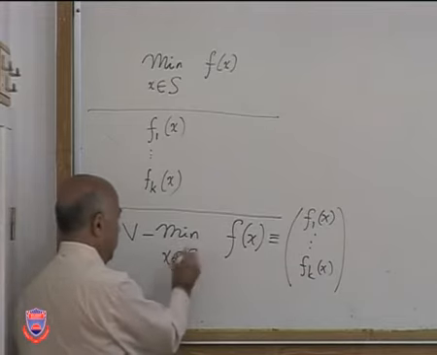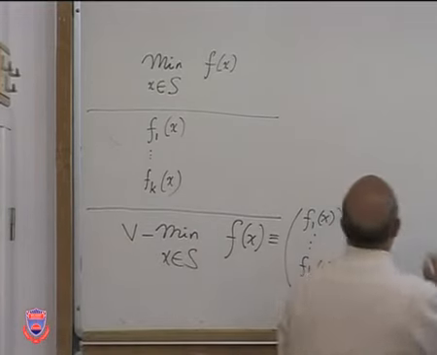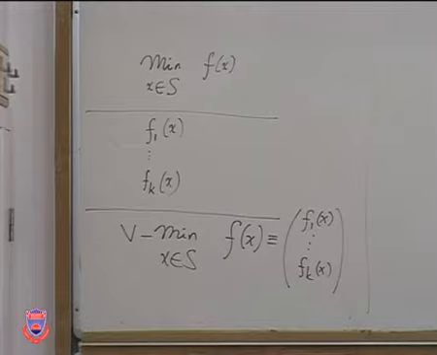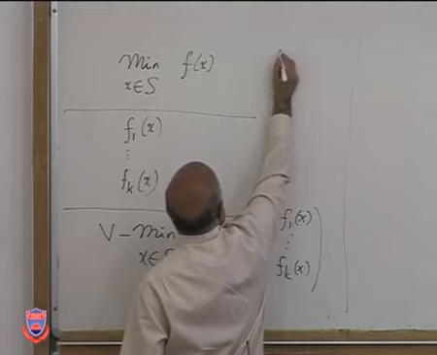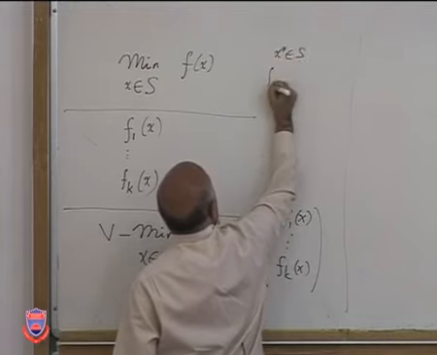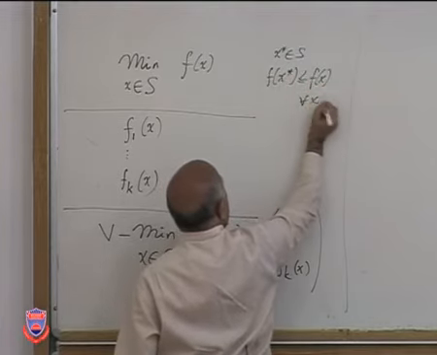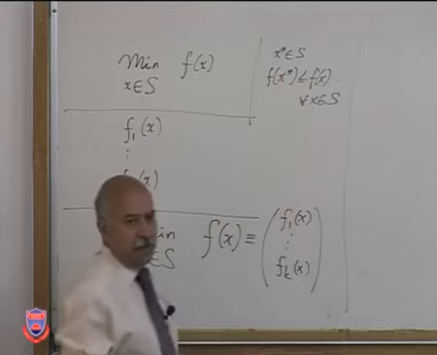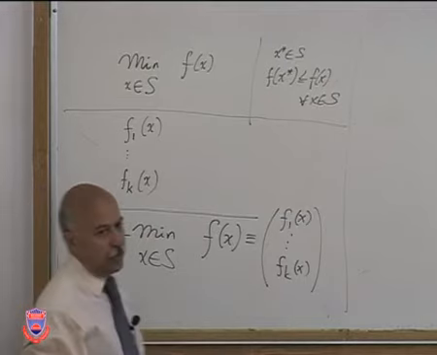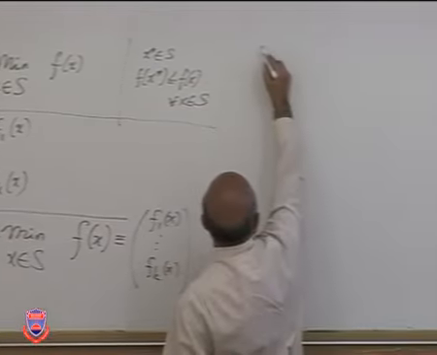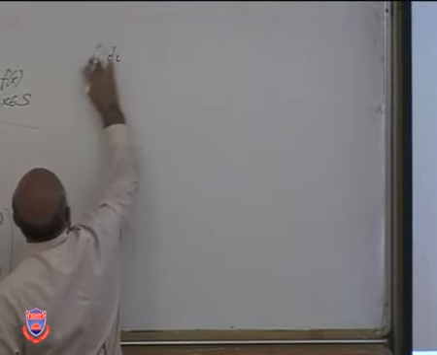Still x is in the same feasible set, which we assume is common to all optimizers. So in this case, what is the meaning of the minimum? In the single optimizer case, you are looking for a point x star in S such that f of x star is less than or equal to f of x for all x in S. That's what it means to minimize. In this case, what you're looking for are undominated or non-dominated solutions.